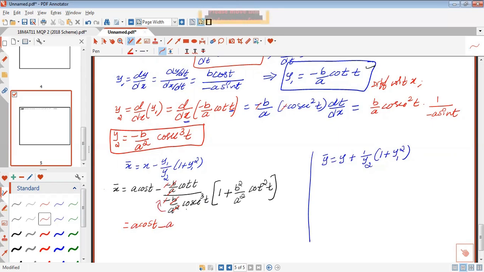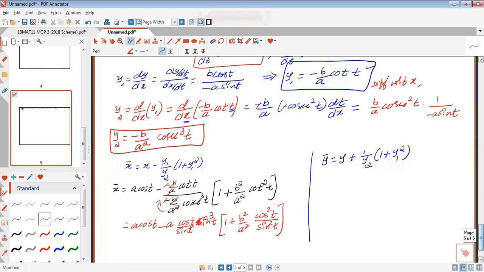a is the numerator. Cot t can be written as cos t by sin t, and 1 by cosecant is sin t, to the power 3, into 1 plus b square by a square. Again, cot square can be written as cos square by sin square.